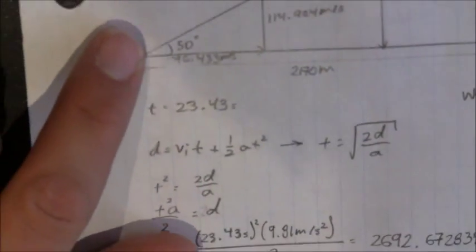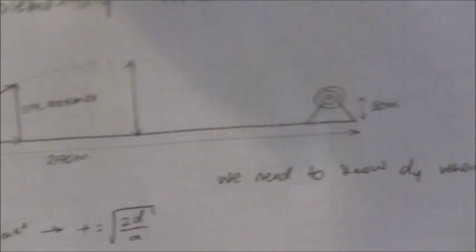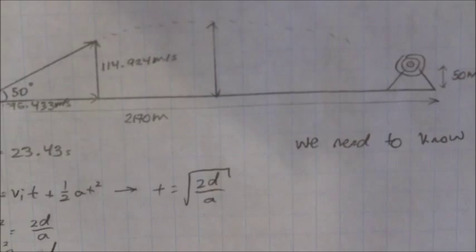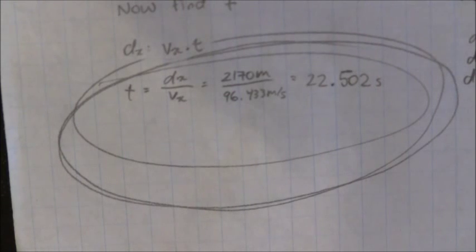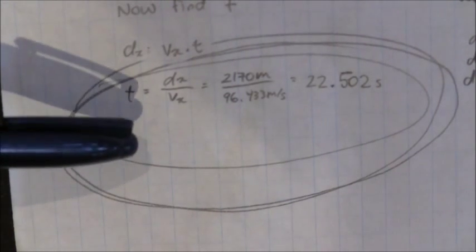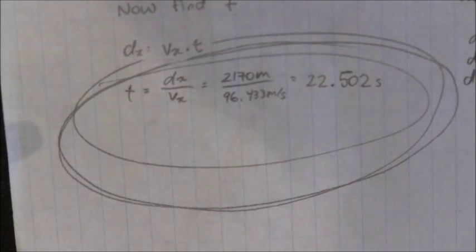Now, that's the time it was in the air for totally. Now, what's the time when it's at a distance of 2,170 meters? Well, to do that, we can just go directly to our uniform motion again. We can say d equals V times t, d of x equals V of x times t. Isolate for t.